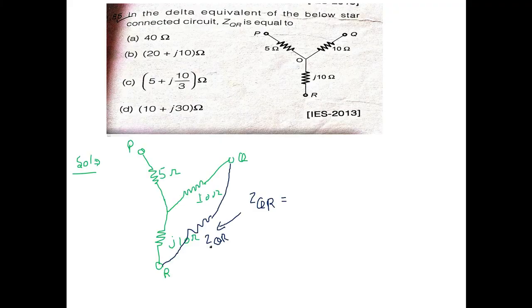So he is asking about ZQR, that is the delta resistance. Now how do we find ZQR?